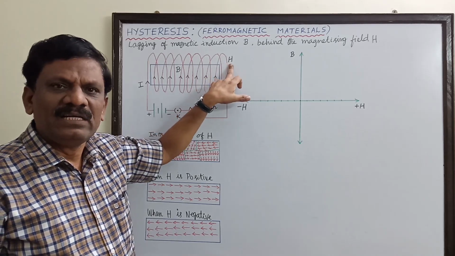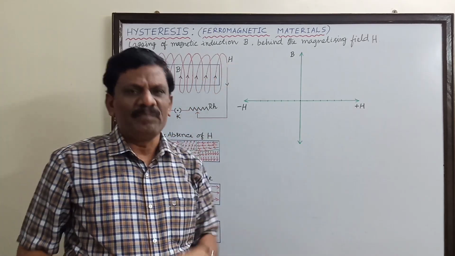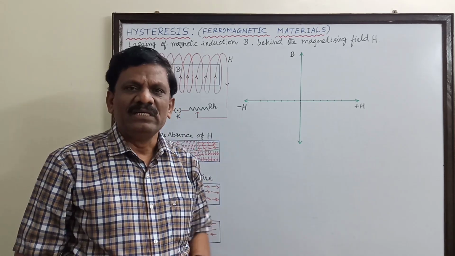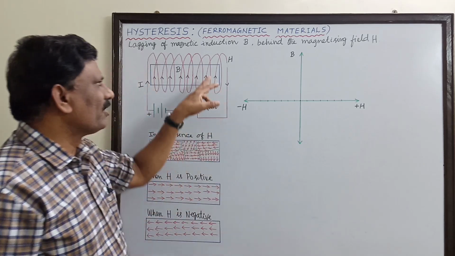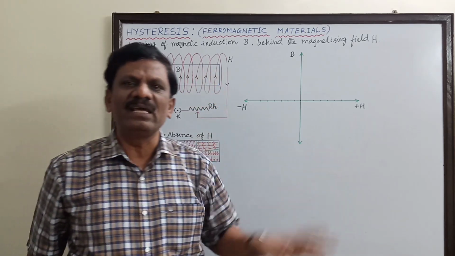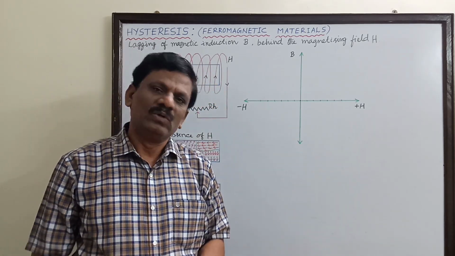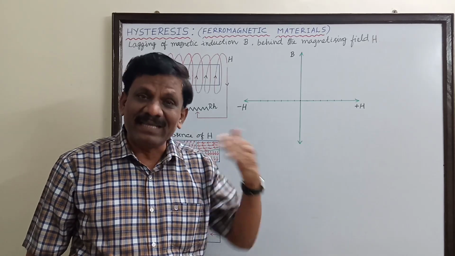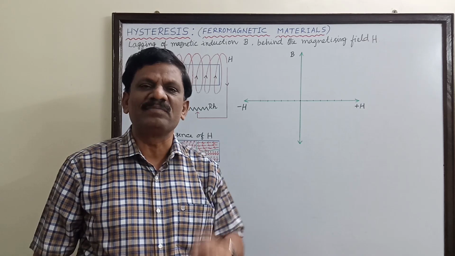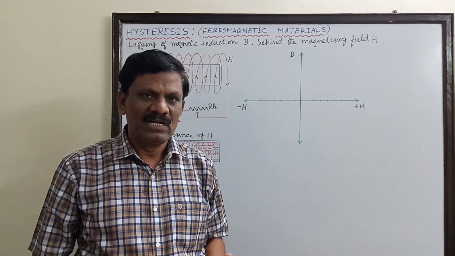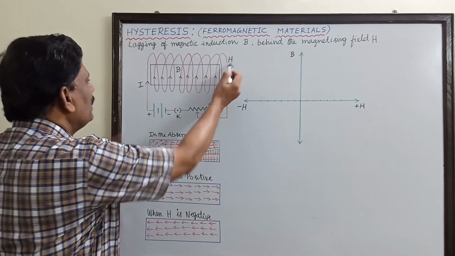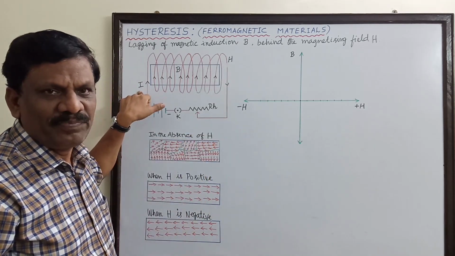So H is the external magnetizing field. What is it used for? It is used to magnetize the ferromagnetic substance placed along the axis of the coil. This external magnetic field required to magnetize a given sample is called the magnetizing field. That magnetizing field H is proportional to the current flowing through the coil.